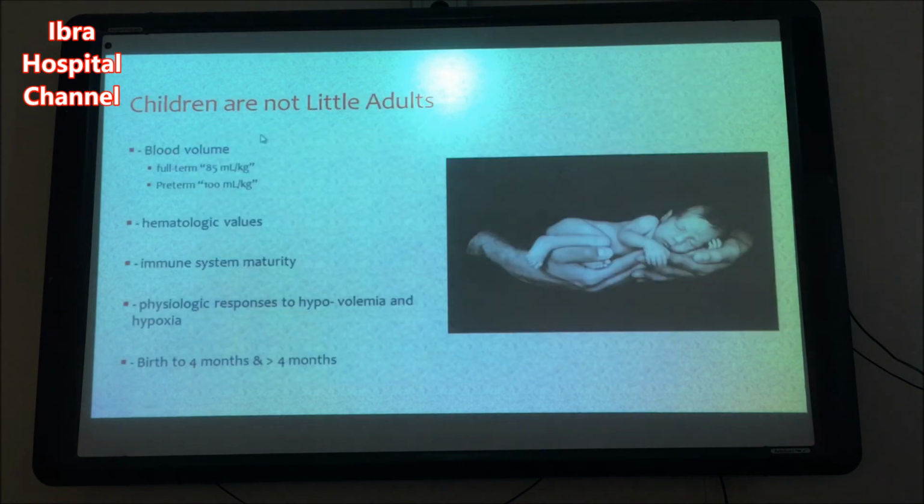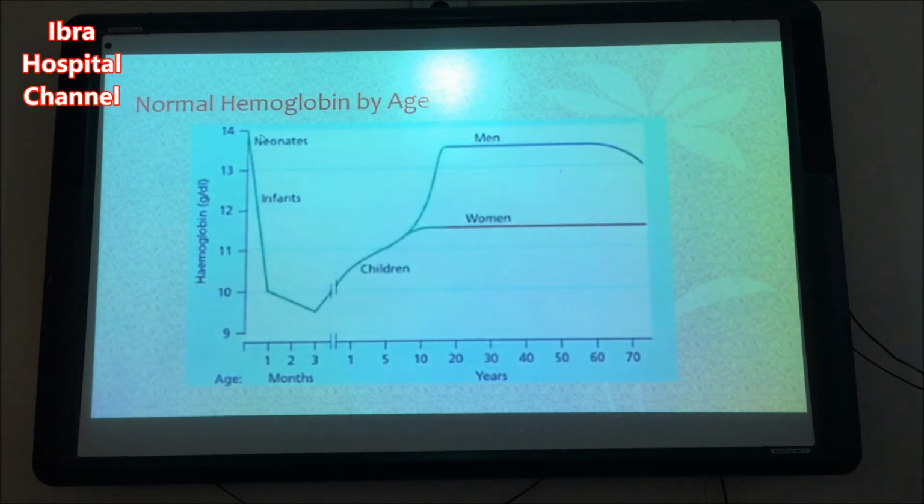Neonates are born with hemoglobin around 14, and that hemoglobin level will drop sharply in the first month. And then by the second or third month, the usual hemoglobin is between 9 and 10. And that will remain the same for up to 5 years.